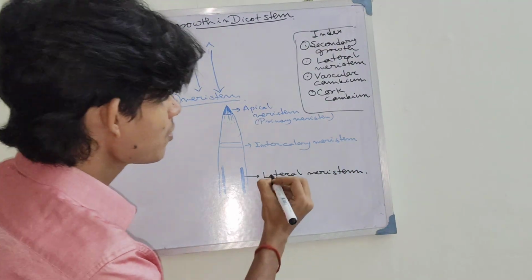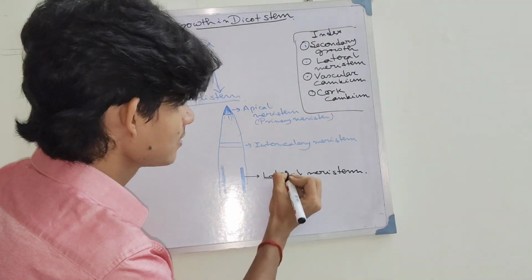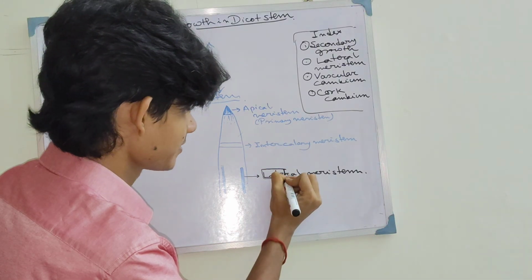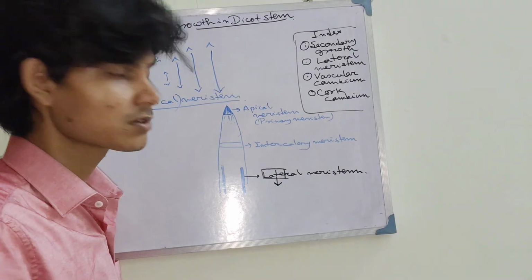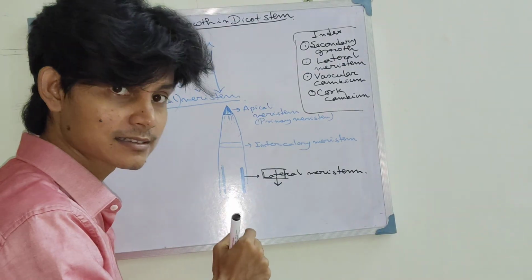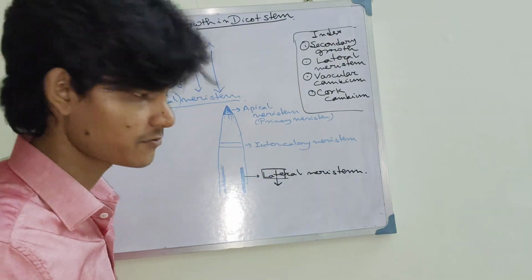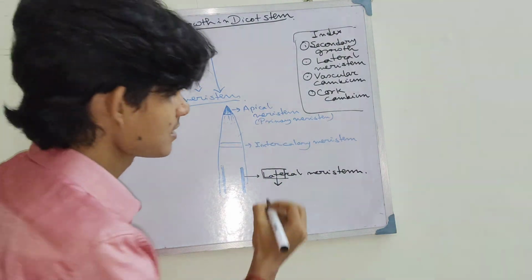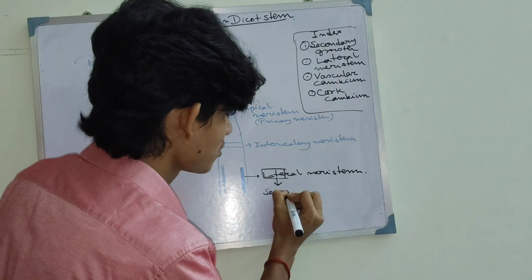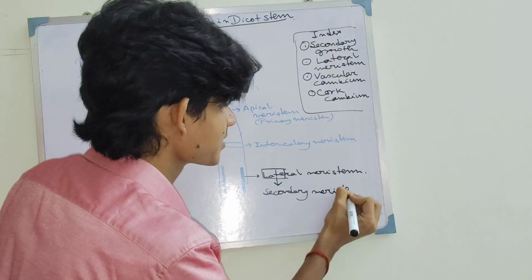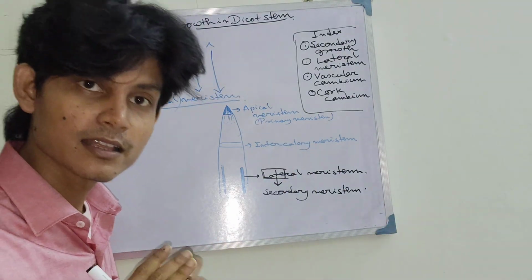Okay, so from lateral, here is a word we can derive: late. As it appears later than the primary meristem in a plant's life, it is called secondary meristem. Clear?